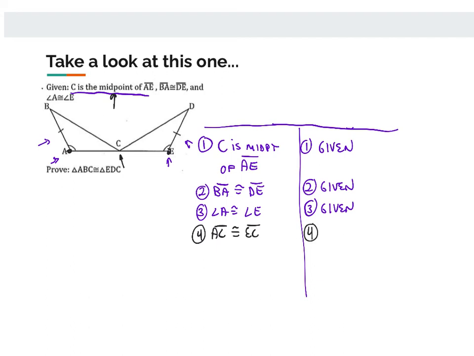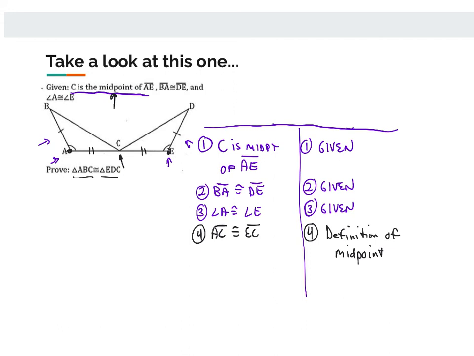By what reason? Well, that's just the definition of midpoint. Midpoint literally means I'm cutting that in half. Now remember, I'm trying to prove triangles are congruent, and I'm going to argue that I have that information now.